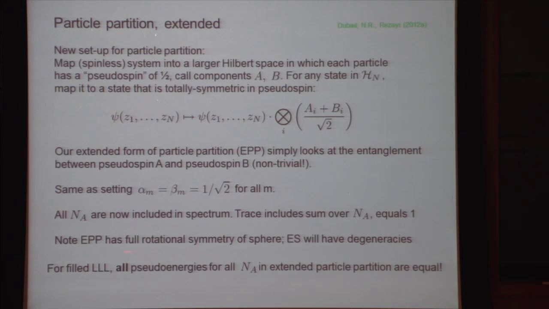And one further point is for a filled Landau level, it's always nice to do these free fermion examples early on. If we do this, it's quite easy to see that all the pseudo-energies in the particle partition are equal. We get a trivial spectrum. Not trivial in multiplicity, but trivial in eigenvalues.